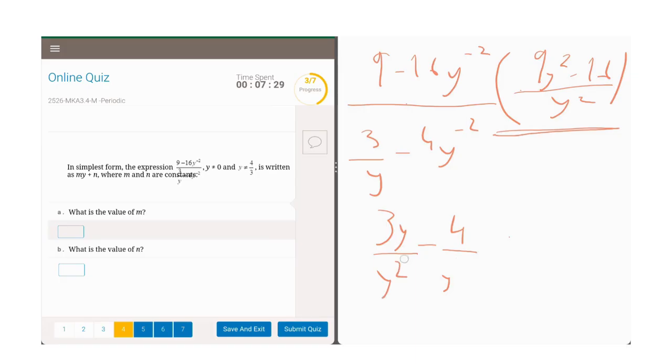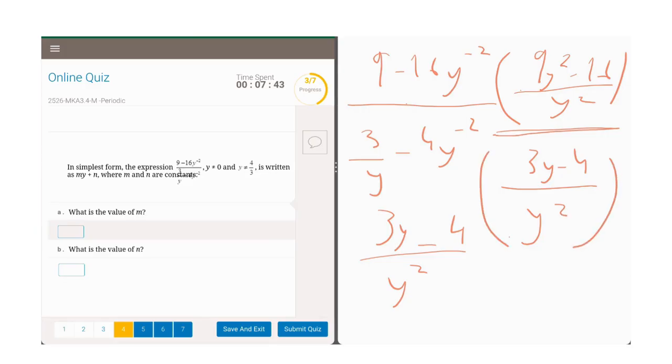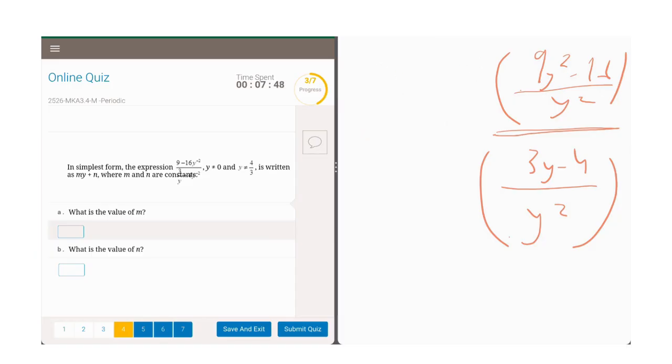So we can as well rewrite this as 3y minus 4 all over y squared. Then we can rewrite this entire thing as 9y squared minus 16 over y squared divided by 3y minus 4 over y squared. We do keep change flip.